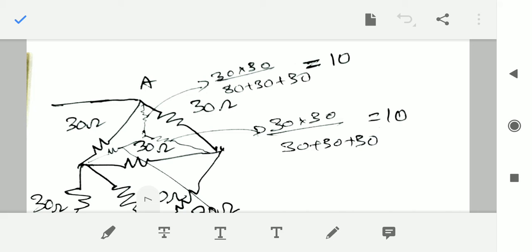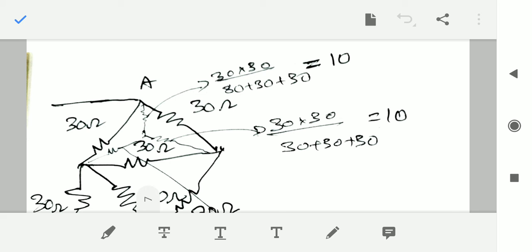In order to convert this delta into star, what we have to do is put one point at the center of that delta, and that point should be connected to the other three dots through a resistance. This resistance value can be written as 30 into 30 divided by the sum of the resistances.